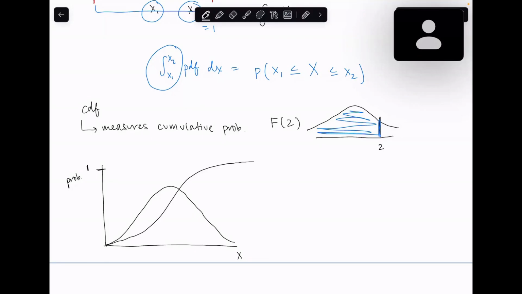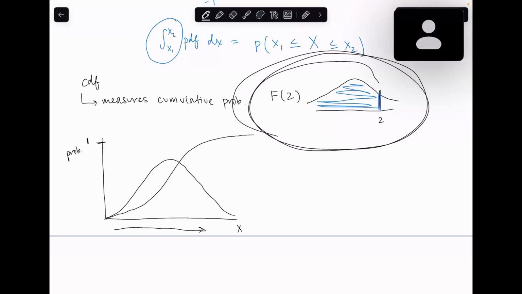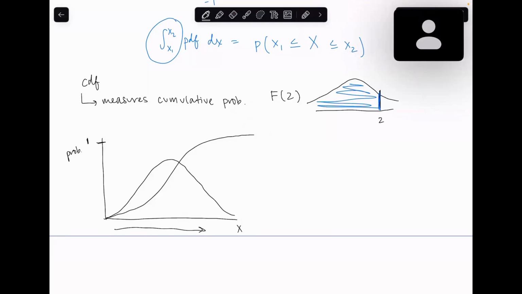Because as I move along the values of x, increasing whatever value it is, if we go back to this drawing here, the probability below this x value, let's say, I don't know, -2, is not very much. Then as I go to -1, it gets bigger. As I go to 0, it gets even bigger, until I get to this, say, 3, which is going to be equal to 1.